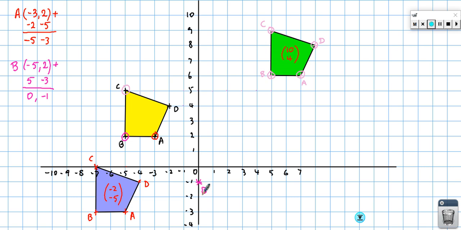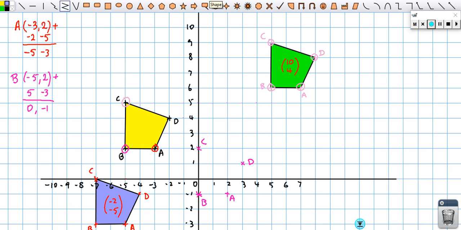Now I know that A is 2 to the right, C is 3 up, and D is 3 to the right and 1 down. That's point D. I'm going to draw the shape now again, as I've done the last time.